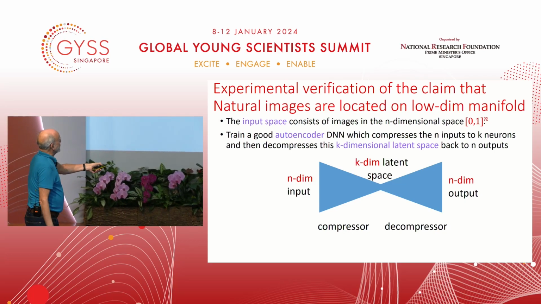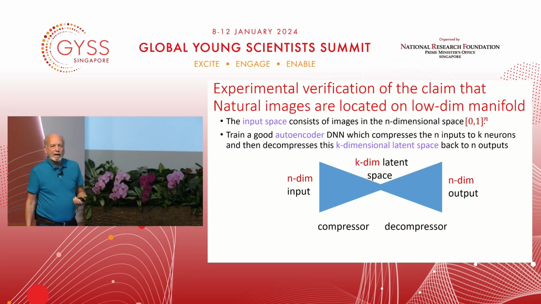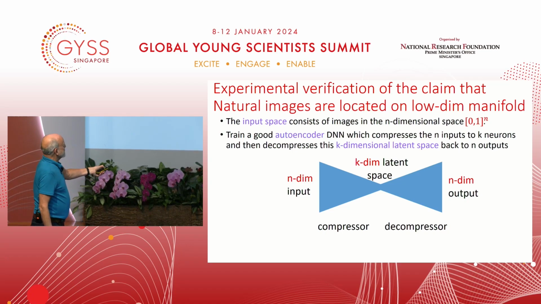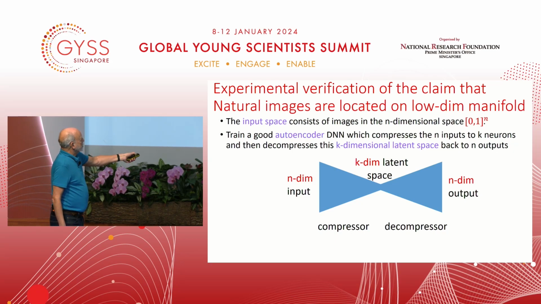The deep neural network has many layers, and it compresses the input image to a small k-dimensional latent space, which tries to describe the input as best as it can. What forces it to compress it into the k-dimensional intermediate description is that you then have a decompressor which generates an n-dimensional output.